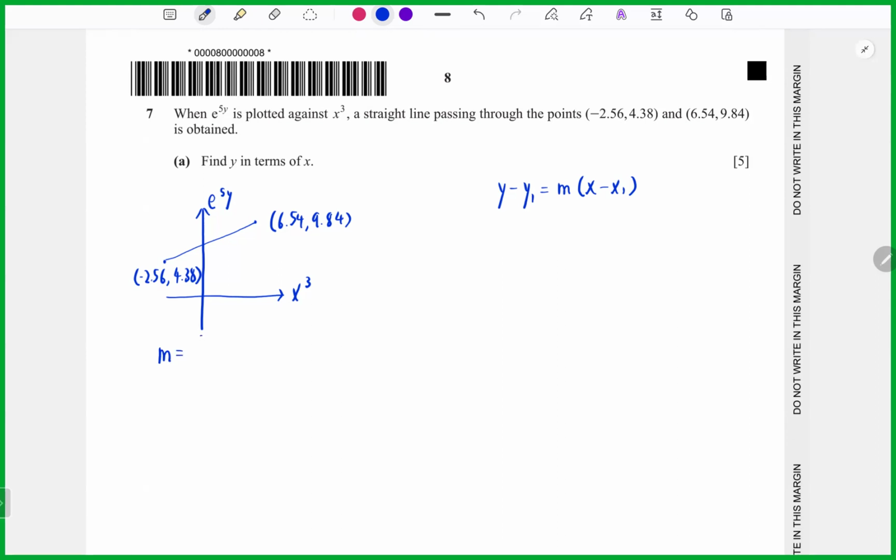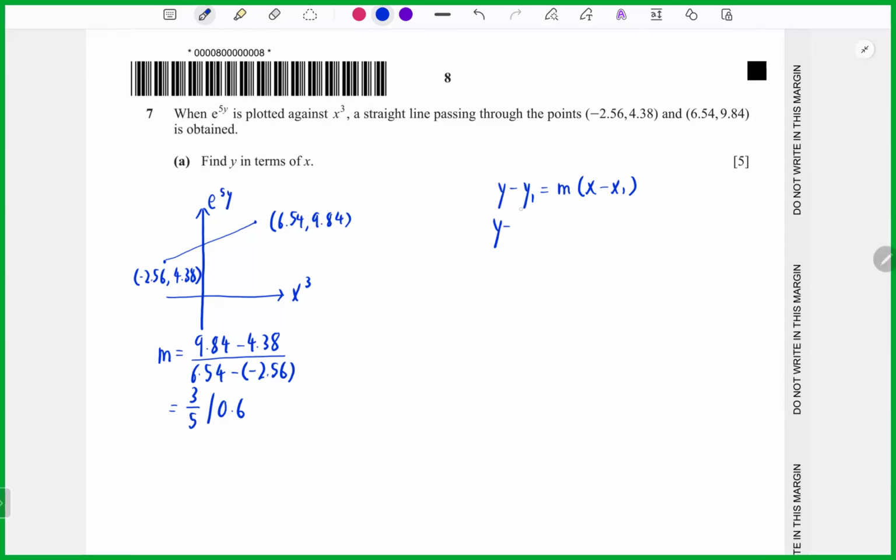So m equals 9.84 minus 4.38 over 6.54 minus negative 2.56, and you will get 3 over 5, or 0.6. You can choose any point from here, so I will choose the positive one.